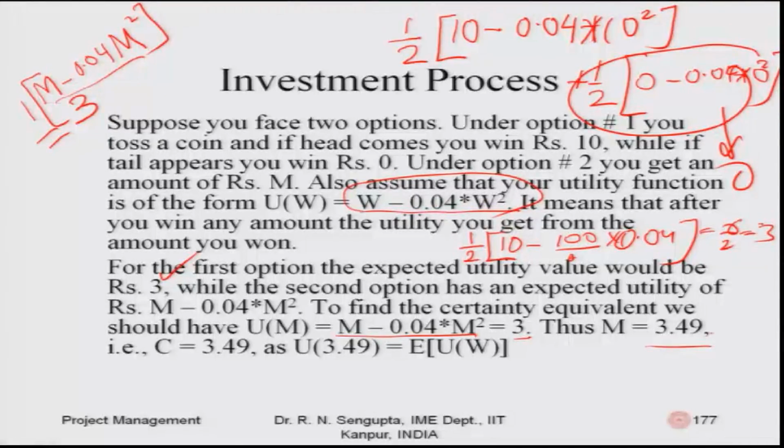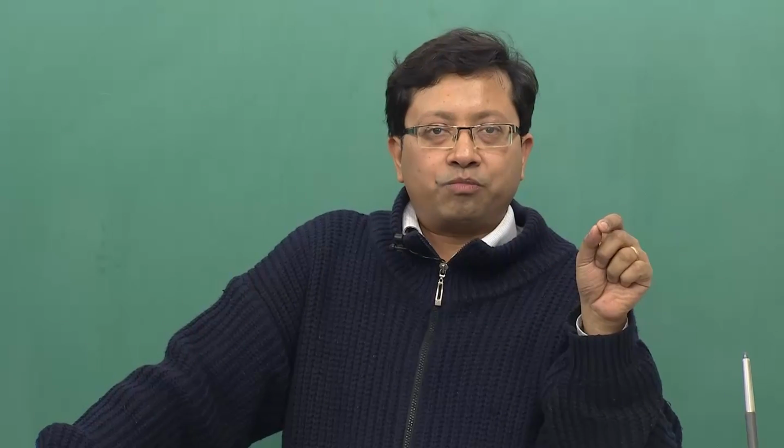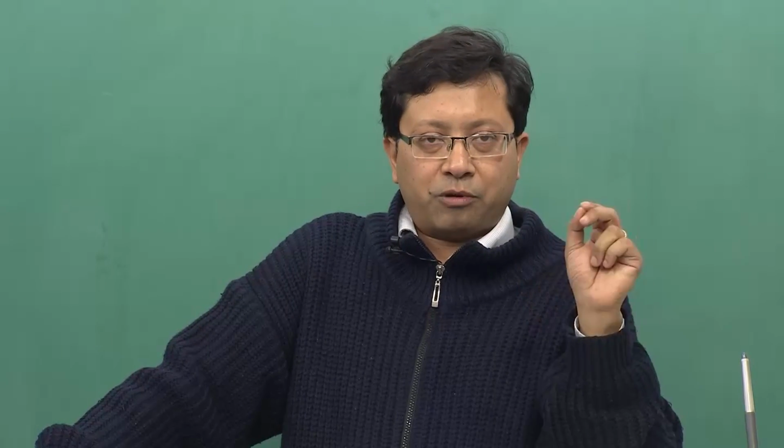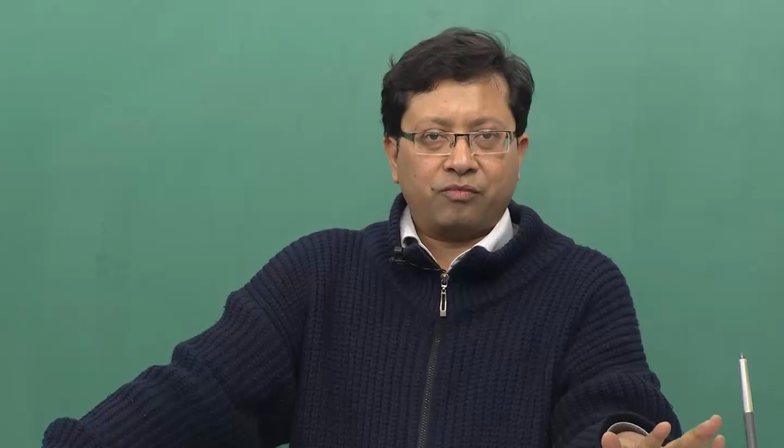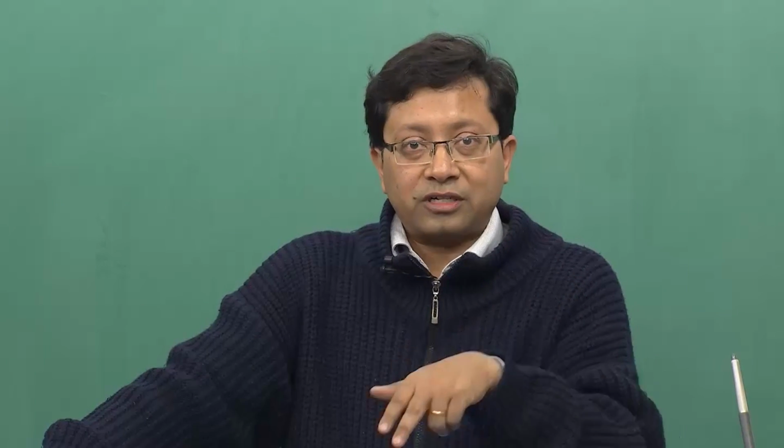This means that if in this example there was a gamble which gave me 10 rupees and 0 rupees with probability half and half, and on the other side of the table there is a certainty one with a value of 3 rupees 49 paisa, then as a person with the utility function given in this example, I would be indifferent.